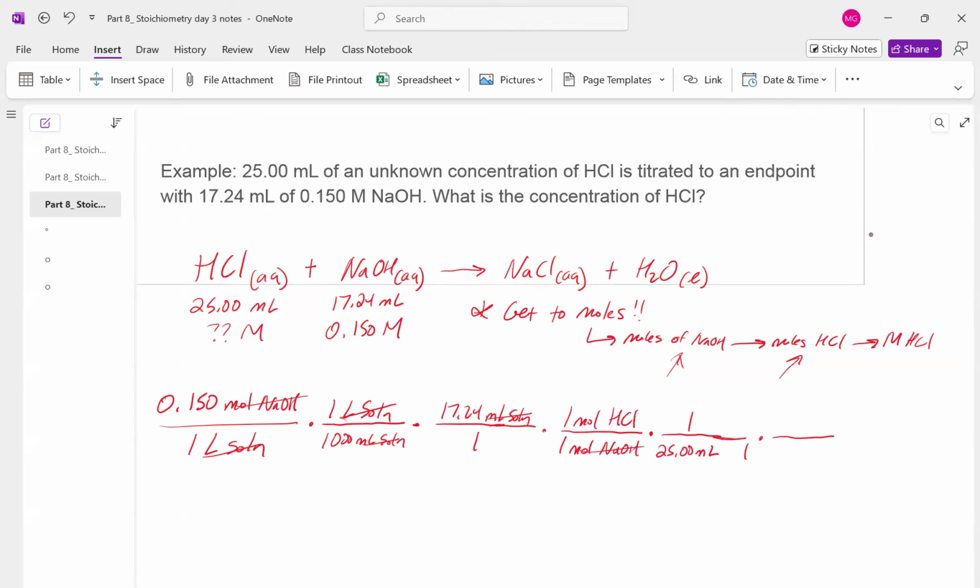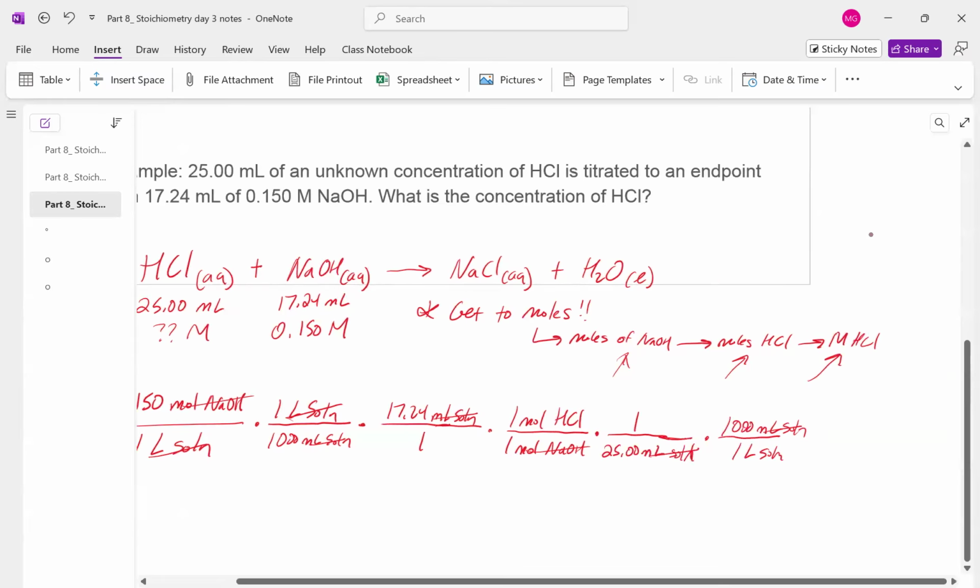I'll change that to solution here. And so I got to convert that to liters. 1,000 milliliters of solution is in 1 liter of solution. So milliliters cancel out. And look at the units I'm left with. I have moles of HCl over liters of solution.